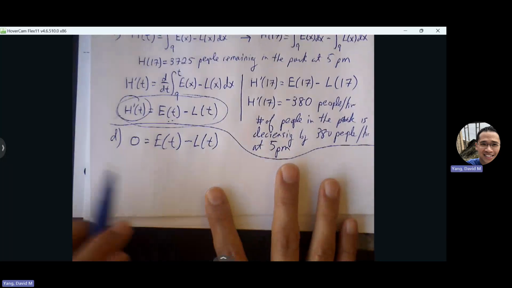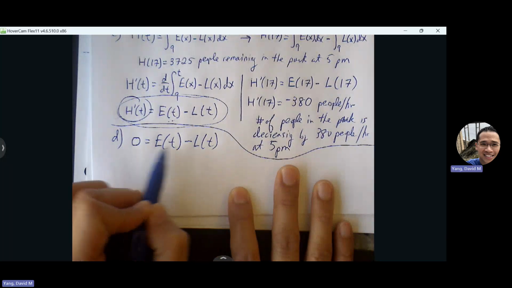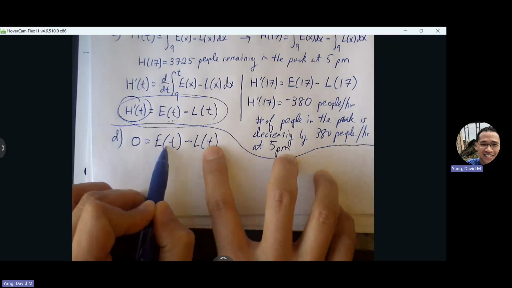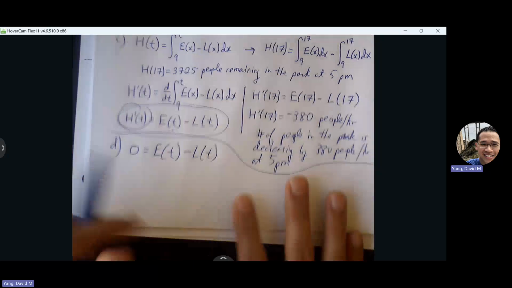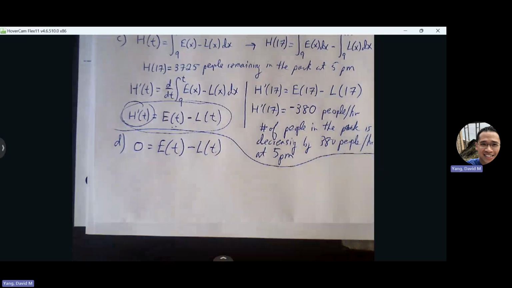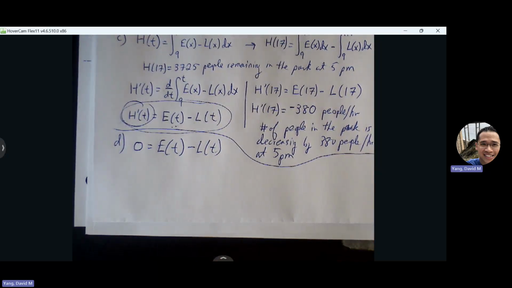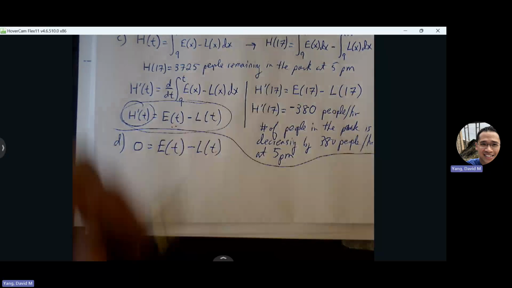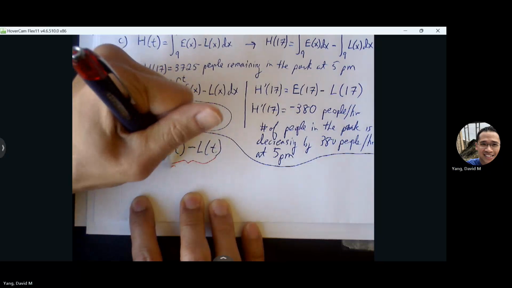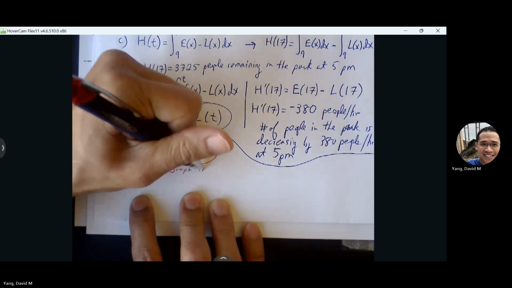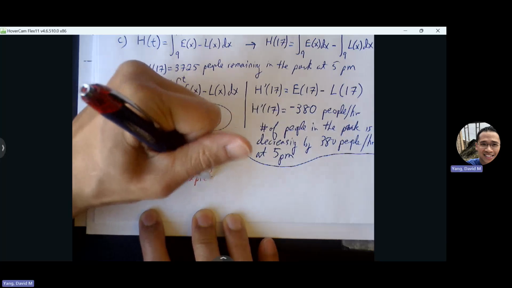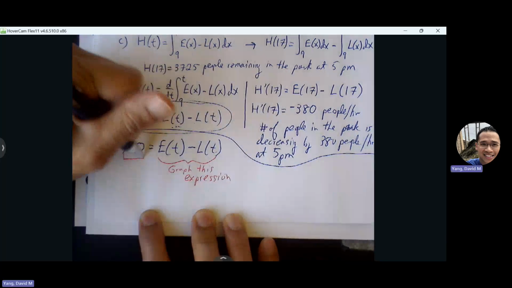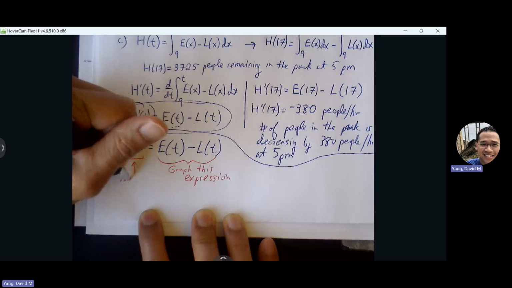So here is our strategy to figure out the time when this is going to occur. We could set E of t equal to L of t, but you can see that these equations are tough to solve by hand. We're going to make the calculator do it. In the most efficient way, we want to graph the combination of this expression, and then simply look for the x-intercept.